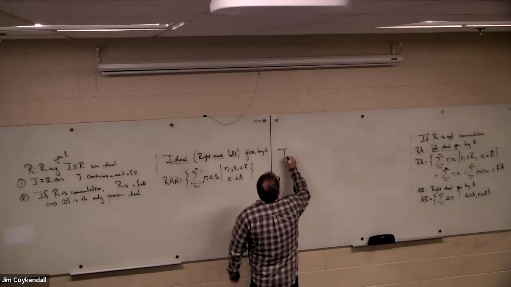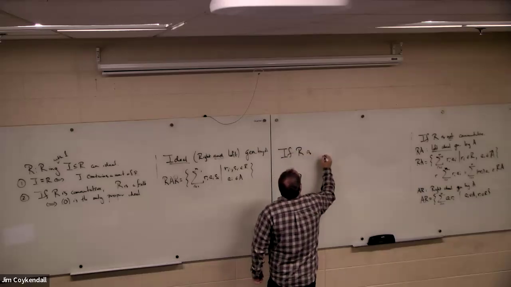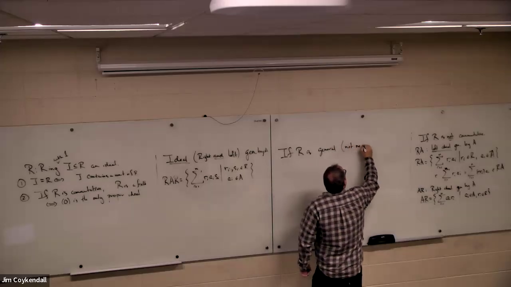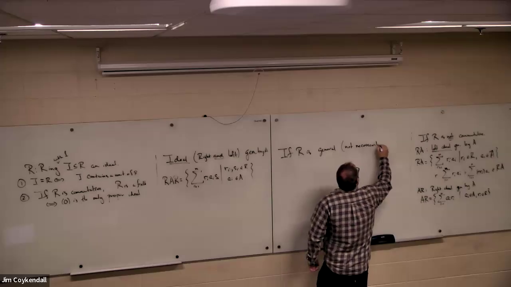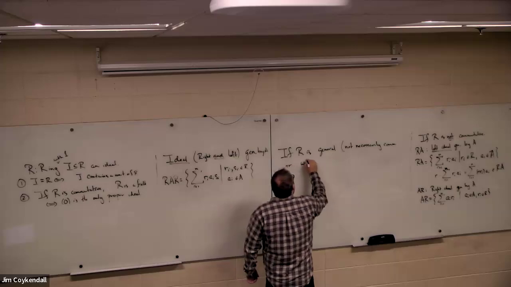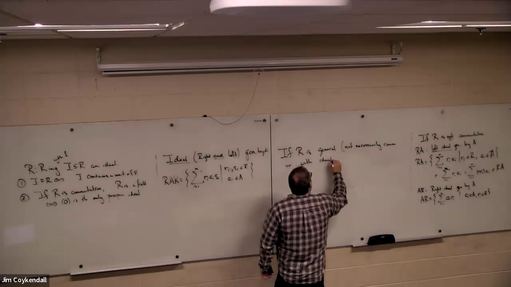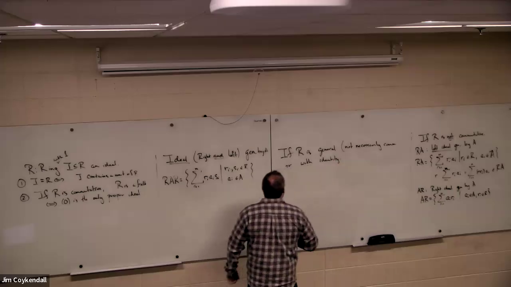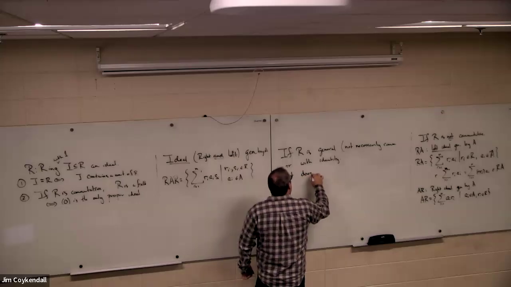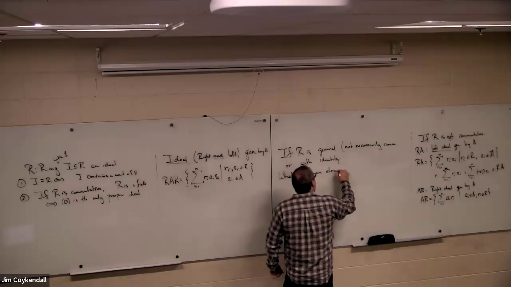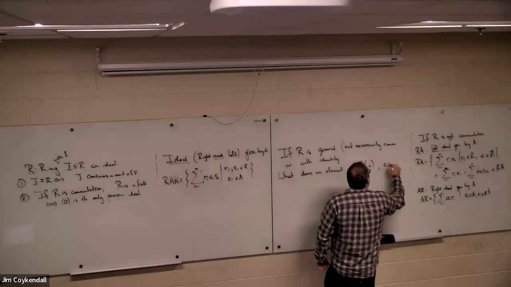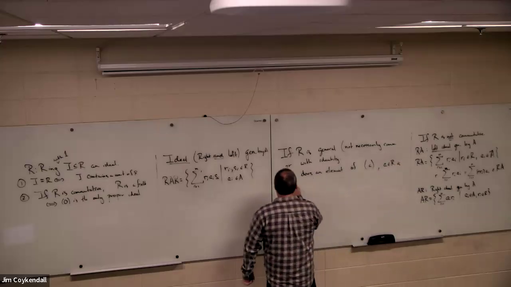If R is general, not necessarily commutative or with identity, then what does the ideal generated by a look like, where a in R is a single element?